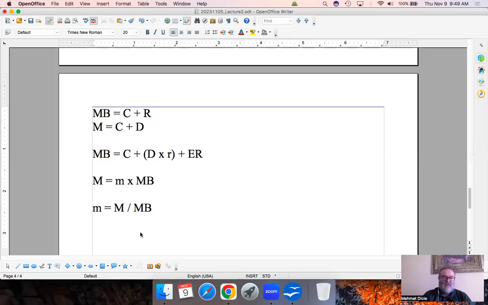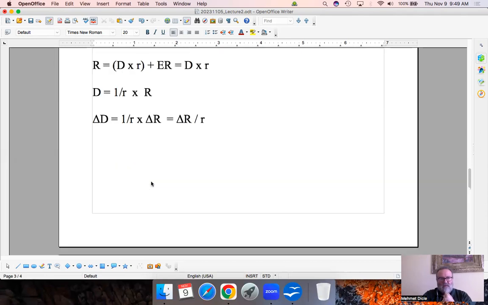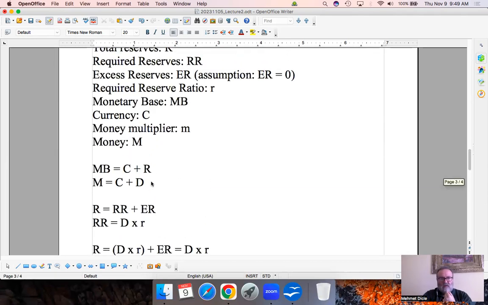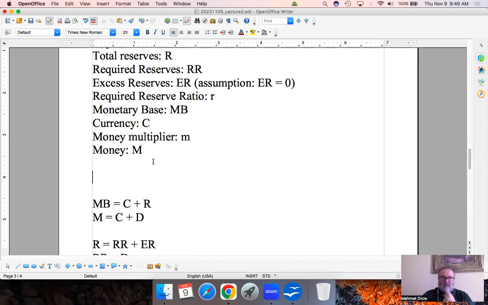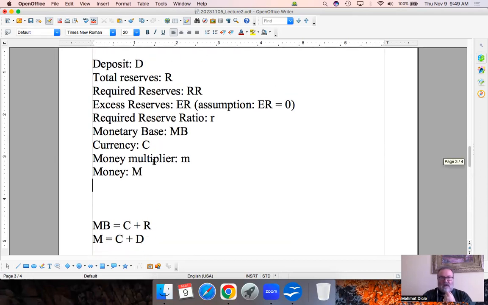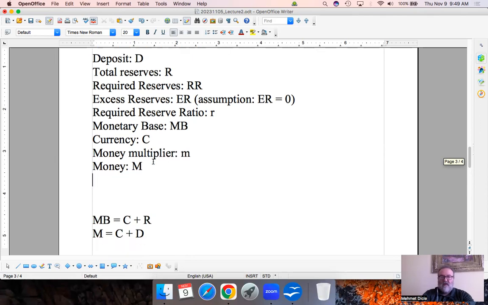But before we can derive the money multiplier, we actually need two more simple ratios. Let's go right here and add them to our terminologies or definitions.